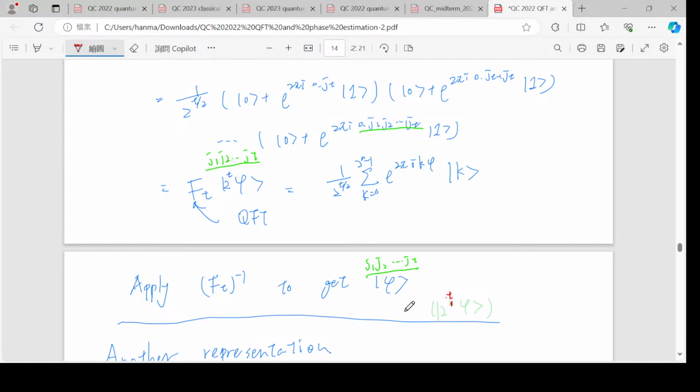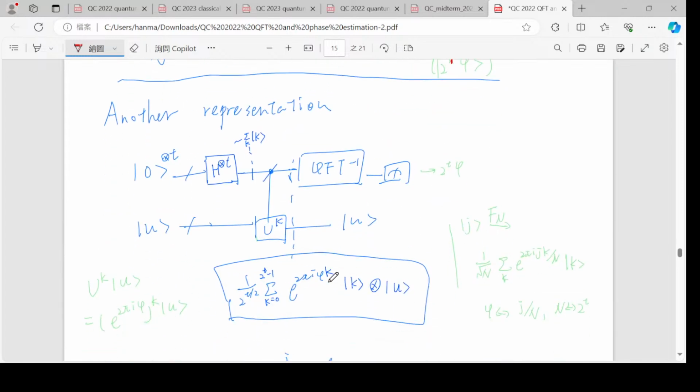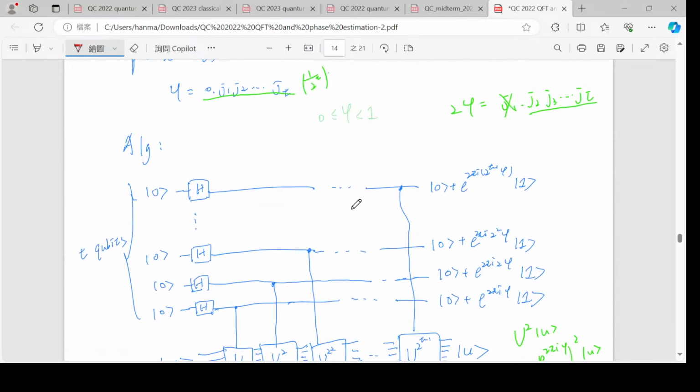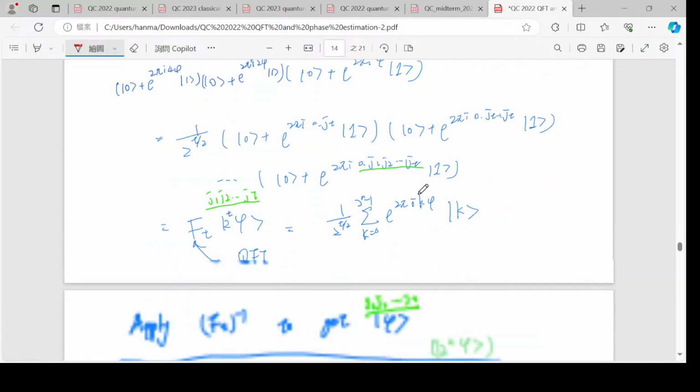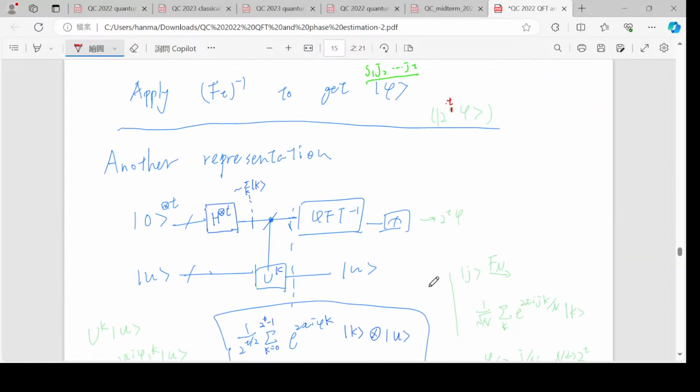Okay, but I guess let's talk about this first. We can have a little more abstract representation of this because writing down the whole circuit here is quite complicated. So we can make this a little more compact. Then our phase estimation algorithm will look like this.